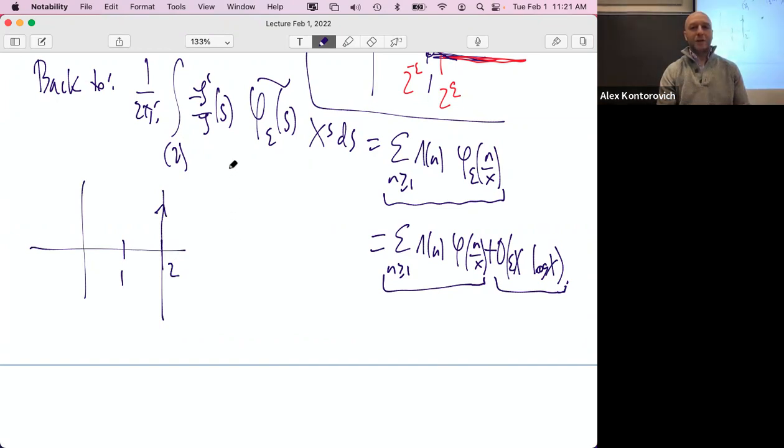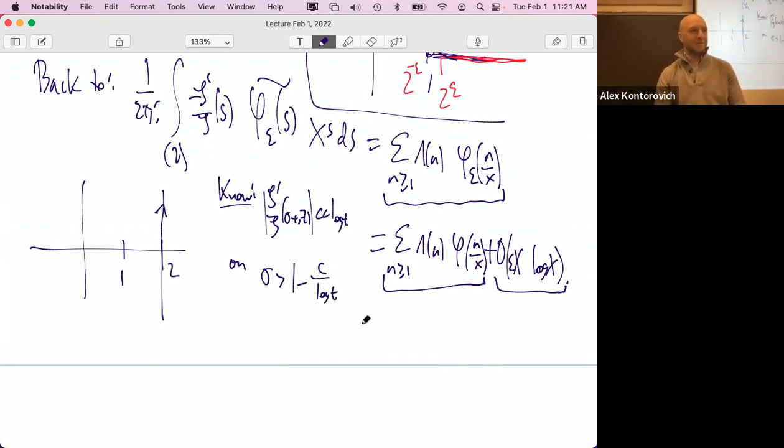And we know this thing, I'll remind you, instead of scrolling up and down 1,000 times, that zeta prime over zeta of sigma plus it is bounded by log t on sigma greater than 1 minus some constant over log t. So the graph of this function, 1 minus the constant over log t, is this. This is the set of all s where you have equality.